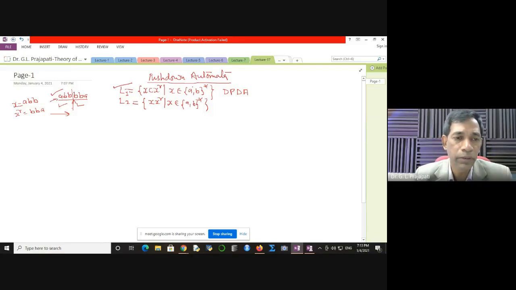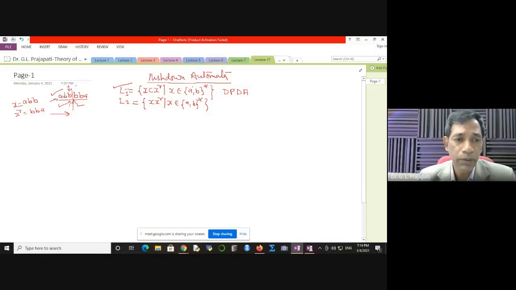How can you identify, as you are reading the symbols, when your machine reads the symbol B, this B, that it is actually the last symbol of the first half of the string? Your PDA is required to save it. But how will the PDA know that this is the last symbol of the first half?